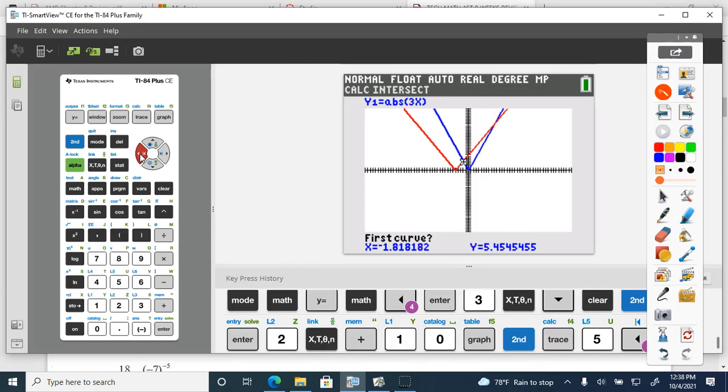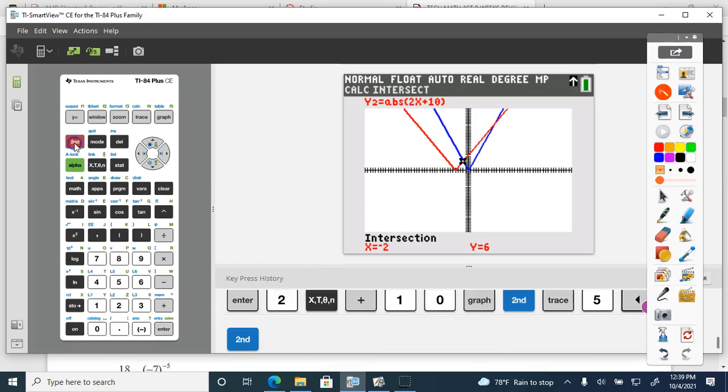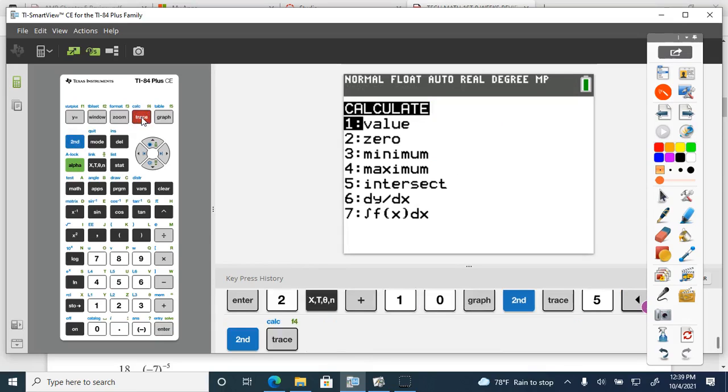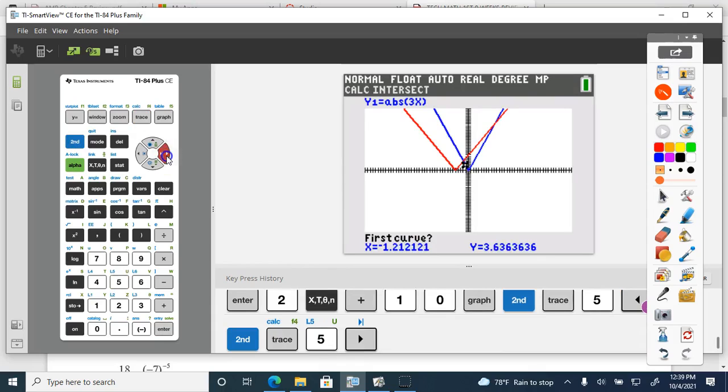So I'm going to look for that one. Enter 1, 2, 3. That x is -2. And I go through the whole process over again. Second trace, intersect is number 5, but this time I move my cursor up closer to that other answer. Enter, enter, enter. 10. So x is -2 and 10.